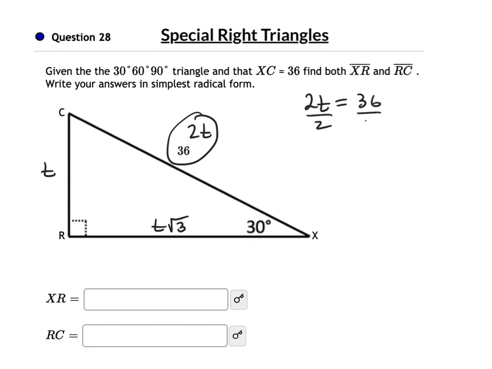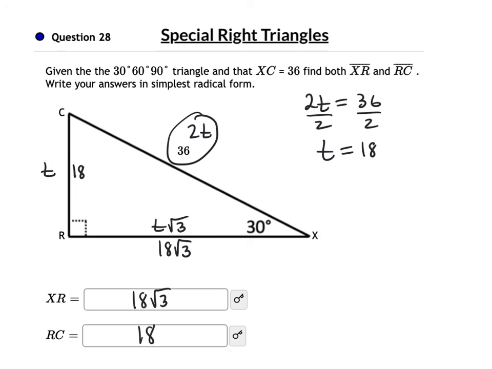I'll divide both sides by 2, and t is 18. CR, or RC, that's t, which is 18. And RX, or XR, is t root 3, which would be 18 root 3. XR, 18 root 3. And RC is t, that's 18.